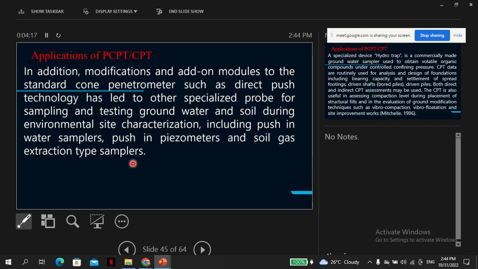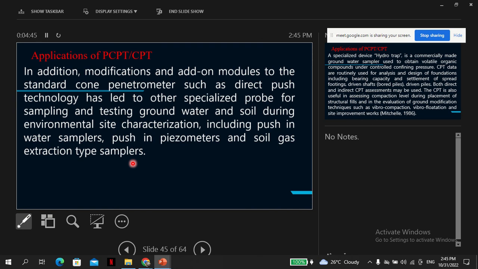In addition, modifications and add-on modules to the CPT, the standard cone penetrometer, such as direct push technology, have led to other specialized probes for sampling and testing groundwater and soil during environmental site characterizations, including push-in water samplers, push-in piezometers, and soil gas extraction type samplers.